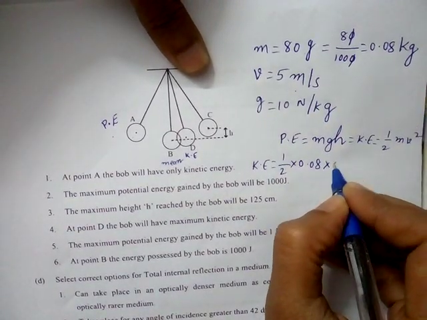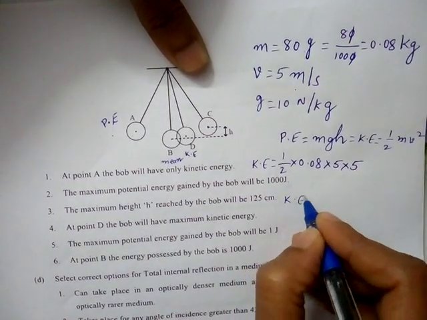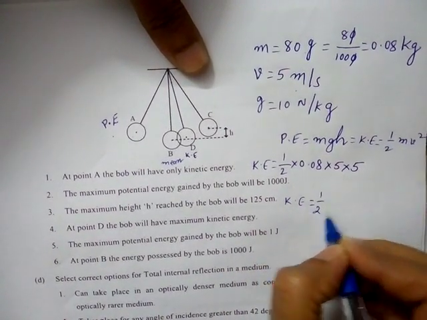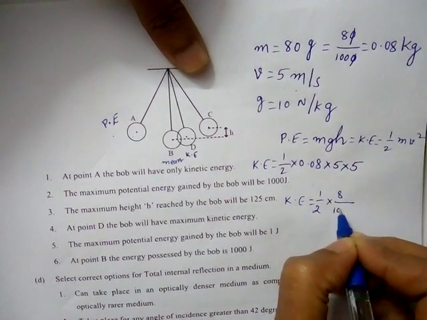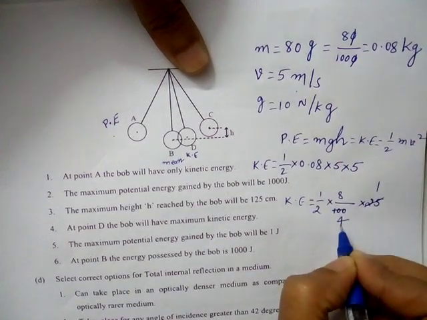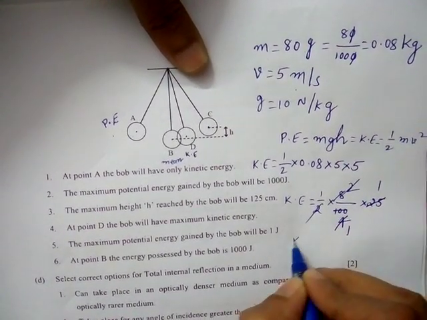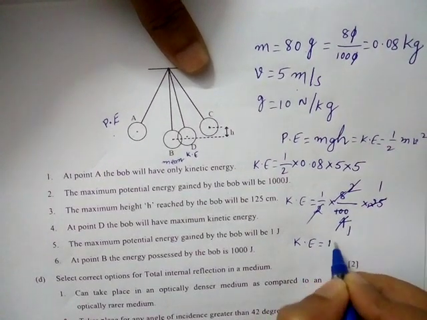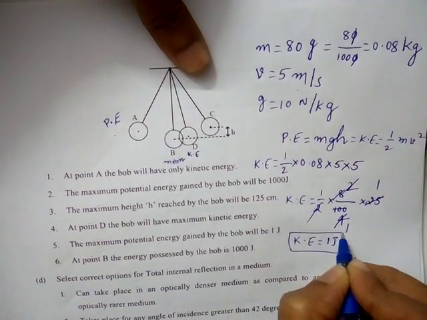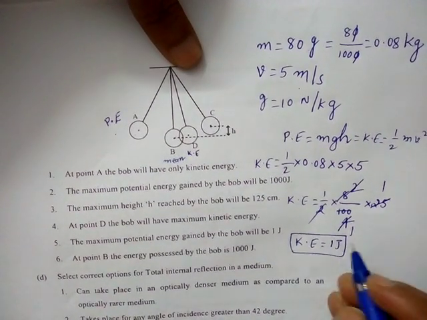So 5 square, 5 into 5. Then half into 8 by 100 into 25. 25 ones and 25 fours. 4 ones and 4 twos, 2 twos cancel. So kinetic energy is equal to 1 joule. So 1 joule is the maximum potential energy or maximum kinetic energy you will have.